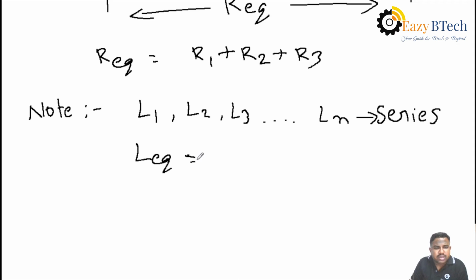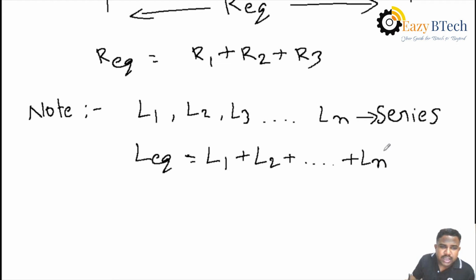We know the voltage drop across an inductance is V equal to L into di by dt. That means the voltage is proportional to inductance. That's why the equivalent inductance in series connection is also the sum of all inductance values, that is L1 plus L2 plus Ln.